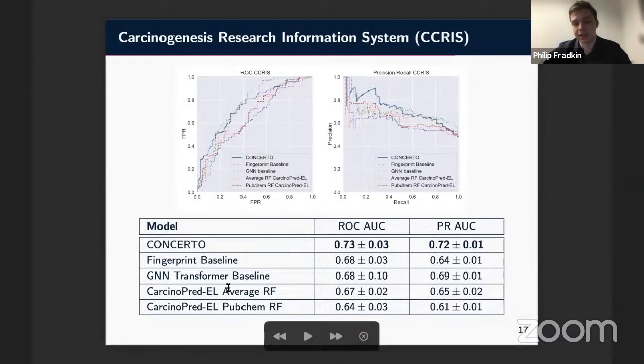And we find that Concerto outperforms the other models, as well as the baselines. And we think it's especially important that Concerto performs well in the low false positive rate regime, which is especially important for prediction modes where you're really interested in maintaining a low false discovery rate, as you would in carcinogenicity.